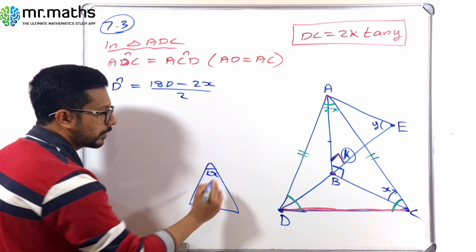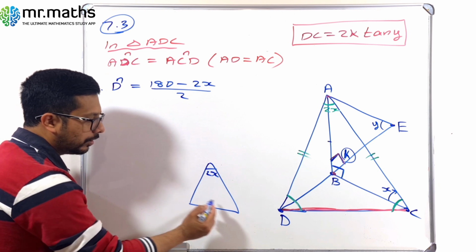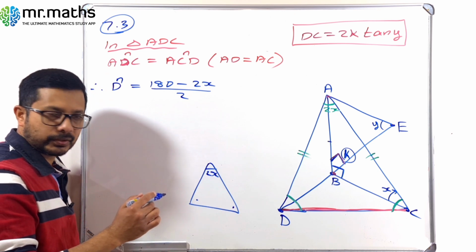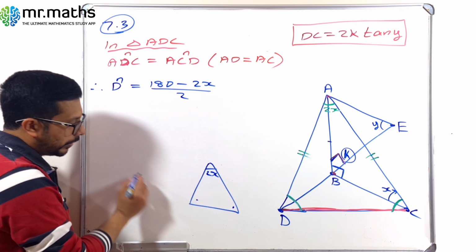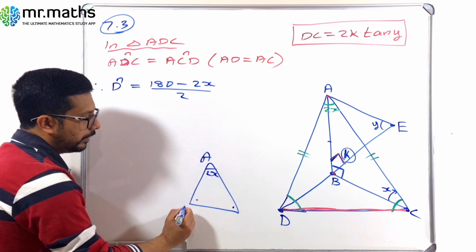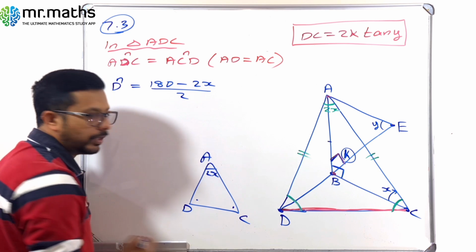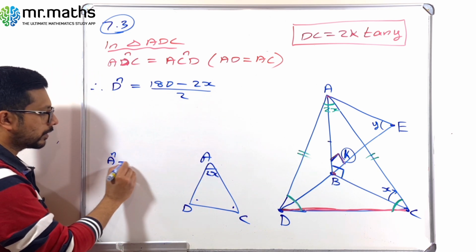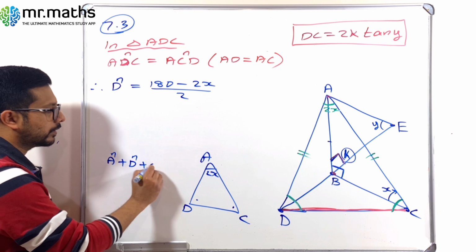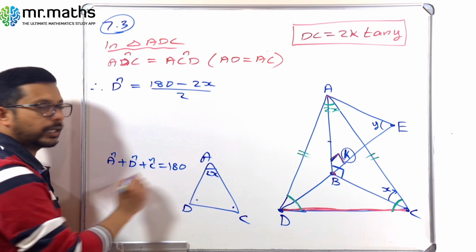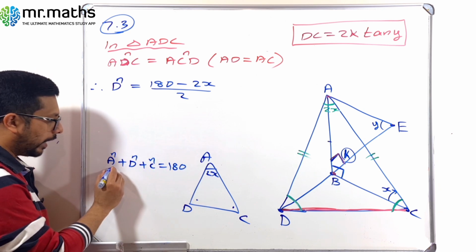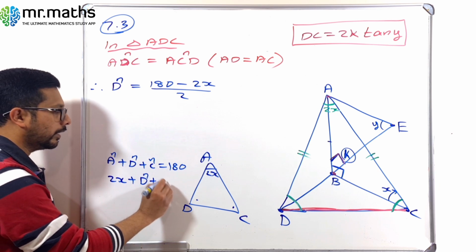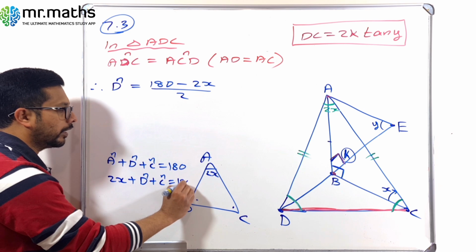This angle is 2x. You know that the sum of the angles in a triangle is 180. Am I right? So let's say this is A, D, C. Angle A plus angle D plus angle C, you are supposed to get 180. So angle A is 2x plus angle D plus angle C is equal to 180.